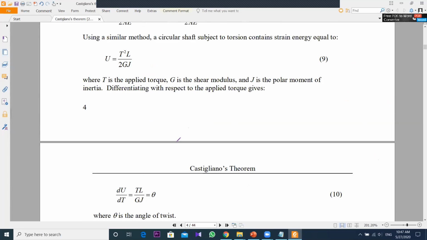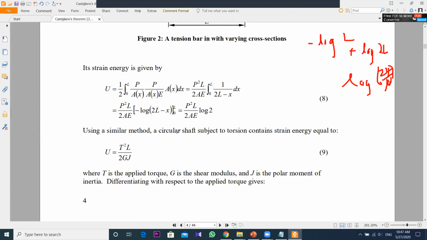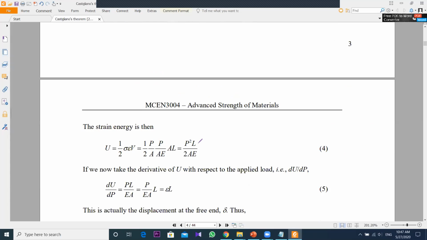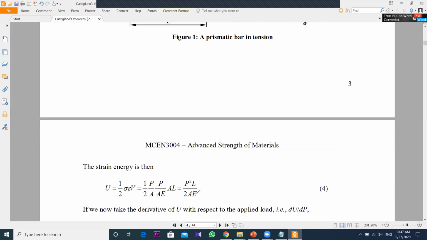And I will explain the other part as well. Those things are valid for the axial load. If it is torsion, the strain energy equation you can find in a similar manner. So this is the equation. It is like this.